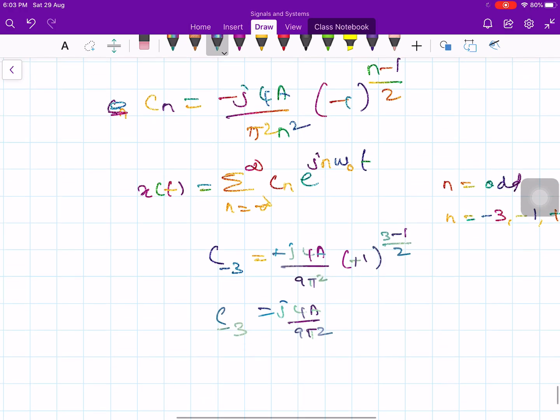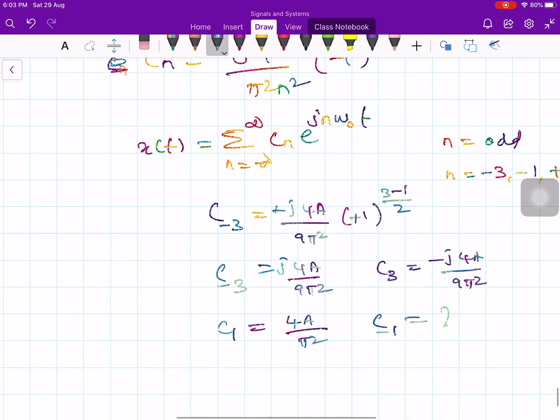Similarly you can calculate C plus 3. C plus 3 is just the opposite of this, minus j 4a divided by 9 pi square. Similarly you can calculate C1. C1 is equal to, I think it is 4a by pi squared something, right? So similarly C minus 1 also you can calculate.